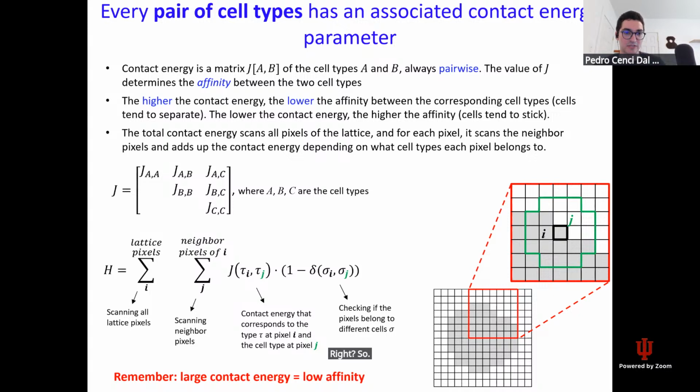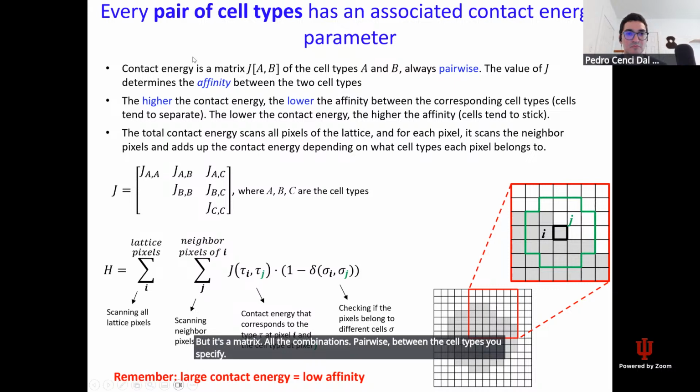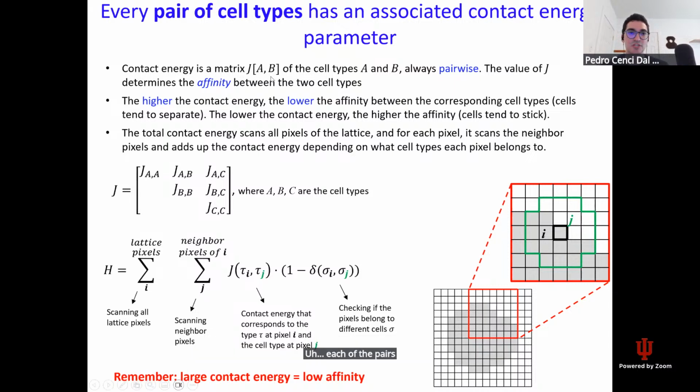So it's a diagonal matrix. But it's a matrix: all the combinations pairwise between the cell types you specify. Each of the pairs has an associated contact energy. That's why it's a matrix. And then the higher the contact energy, the lower the affinity between the corresponding cell types.